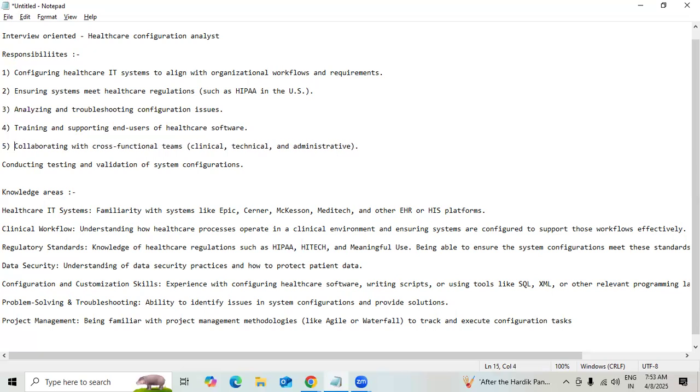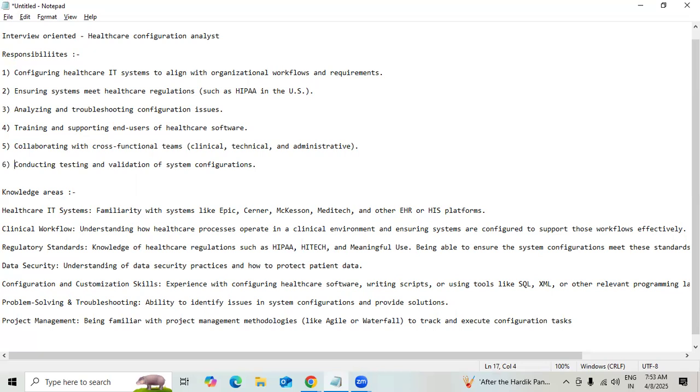One more responsibility: as you are in an analyst role, you need to collaborate with cross-functional teams, either clinical teams, technical teams, administrative teams, and so on. You need to communicate with them and try to understand the requirements they have. We must be good with all these things. Next, we need to conduct testing as well as validation of system configurations.